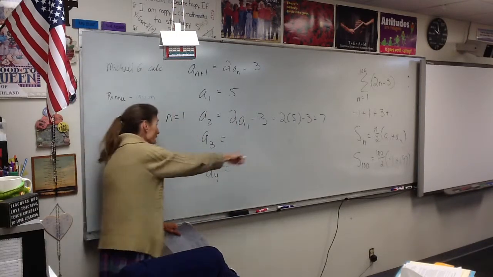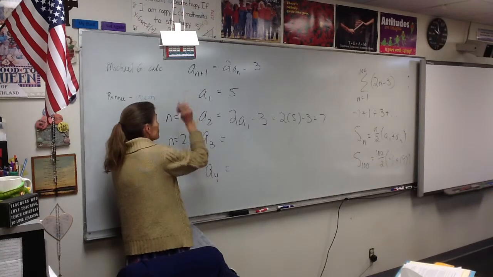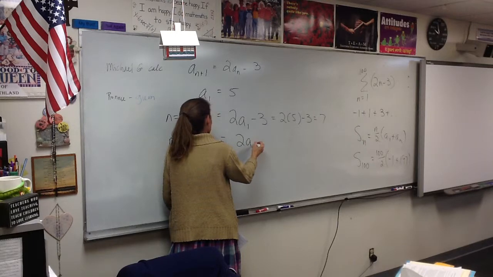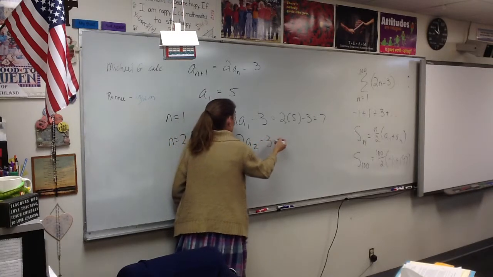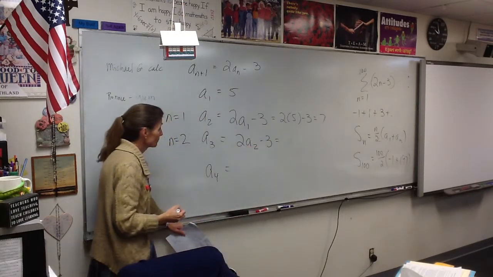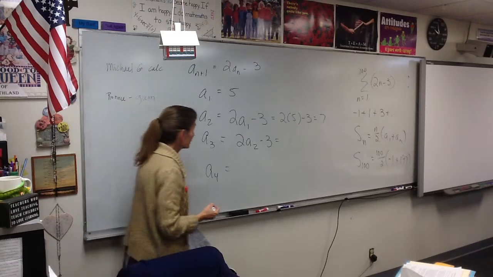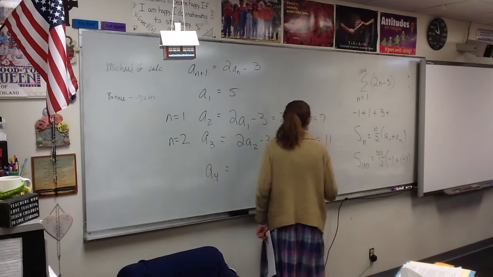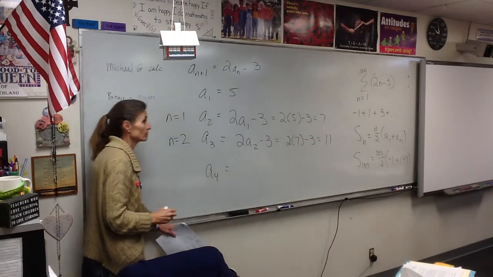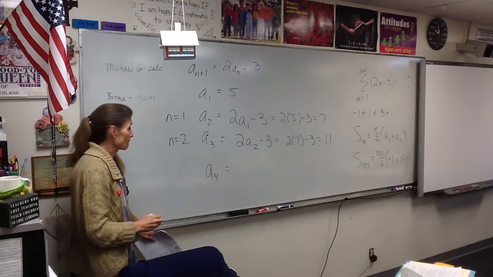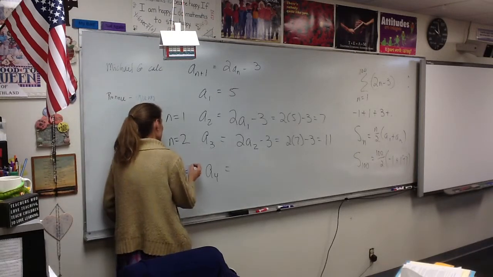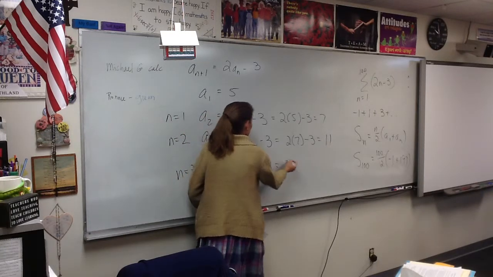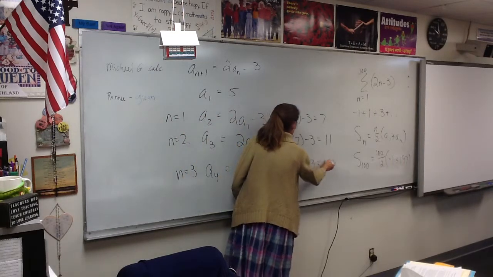All right, next, let n be 2, what's it say? 2 times a sub 2 minus 3, which is 2 times 7 minus 3, which is 11. And finally, the one we're looking for, this time we only want the fourth one, that'd be 2 times the third one minus 3, so 2 times 11 minus 3, I got 19, did you?